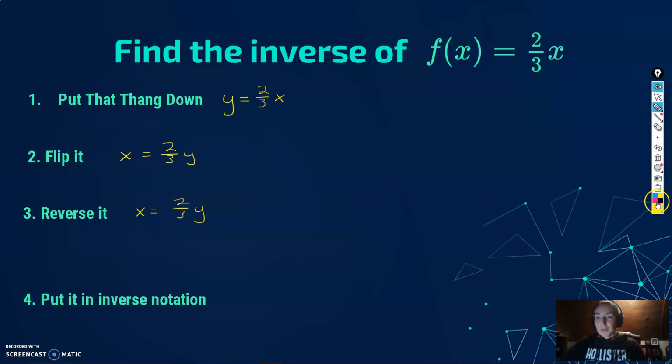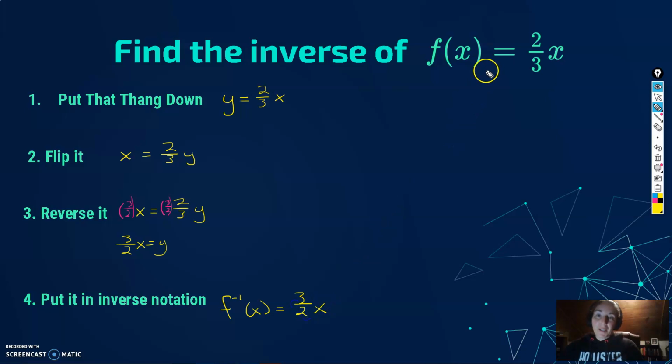How do I solve for y? Use the reciprocal of 2/3, which is 3/2, on both sides. So I would get 3/2 x is equal to y. Okay, put it in inverse notation, get rid of that y, and let's use our nice fancy f inverse of x equals 3/2 x.